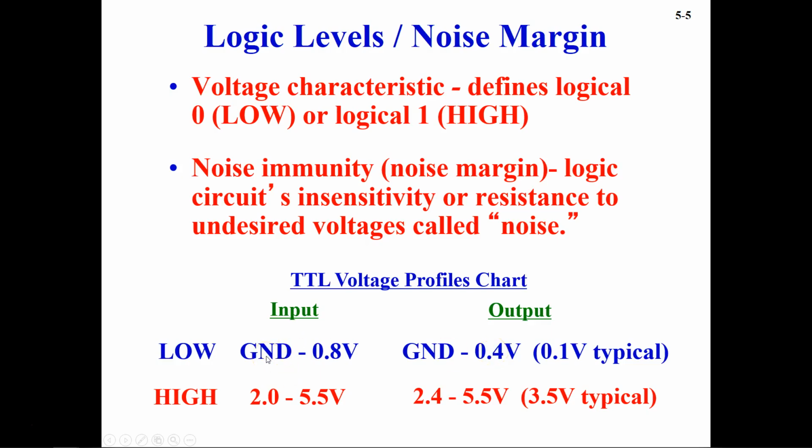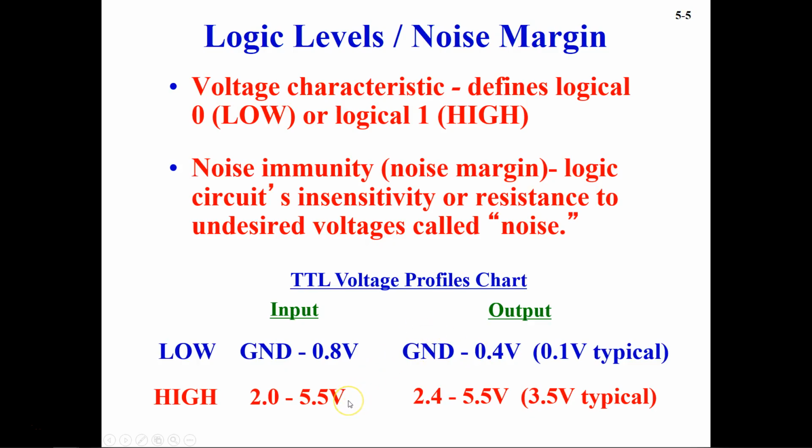Let's compare the low level noise margin: we subtract 0.4 from 0.8, and you will have 0.4, and that will be your low level noise margin.